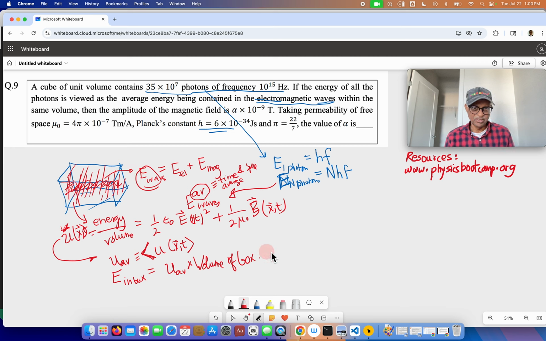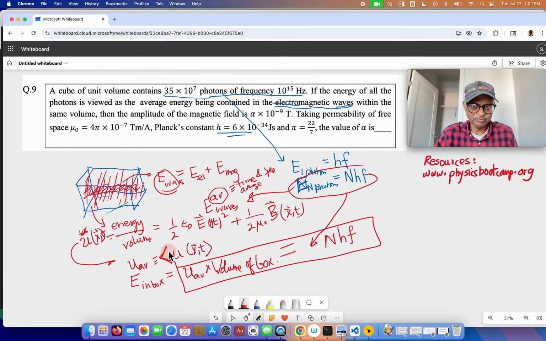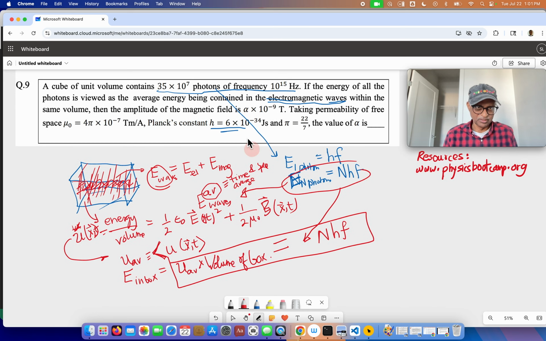Now if you equate this with the energy of n photons, n hf, this is supposed to give us the answer we're looking for, which is the amplitude of the magnetic field.